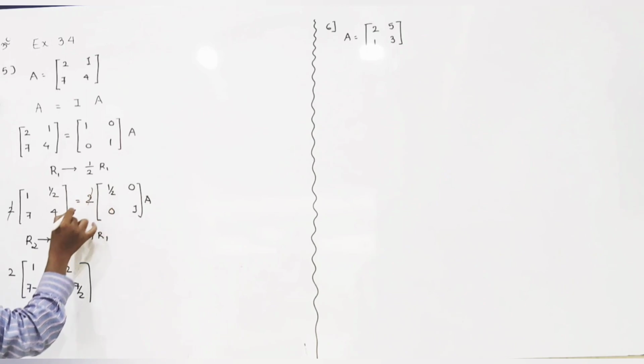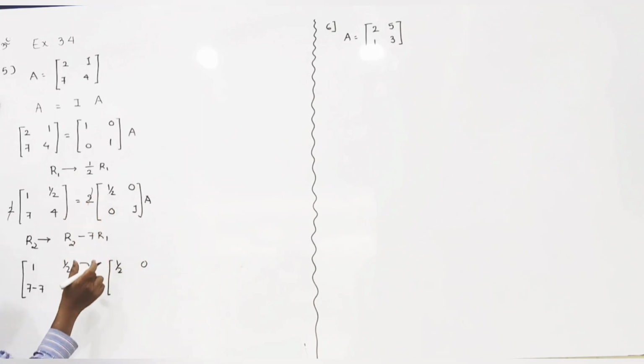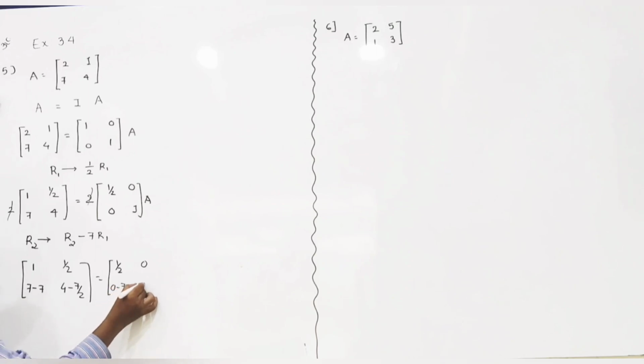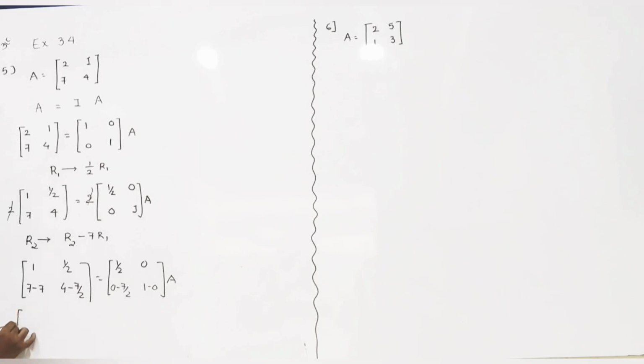Same way here 2 and 2 was cancelled. So now this is 1/2, 0 minus 0, minus 7 by 2, 1 minus 0 into A. So it becomes 1, 1/2, 0, 1/2 is equal to 1/2, 0, minus 7 by 2, 1 into A.